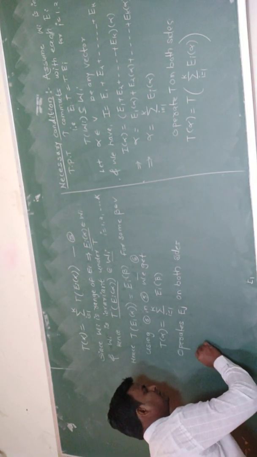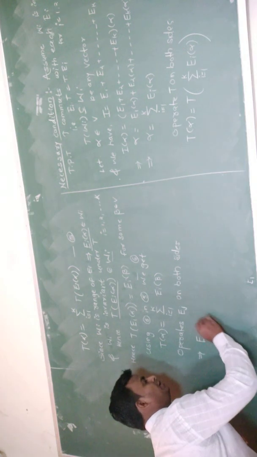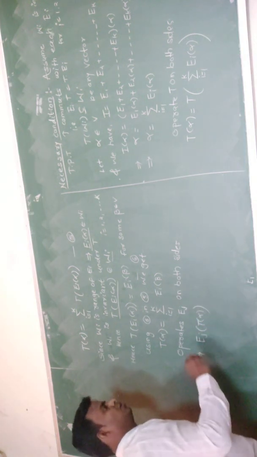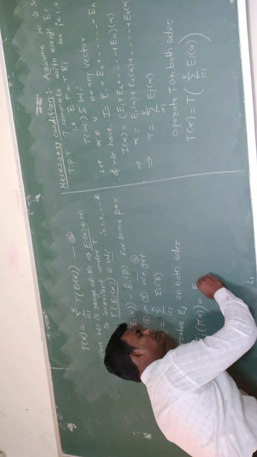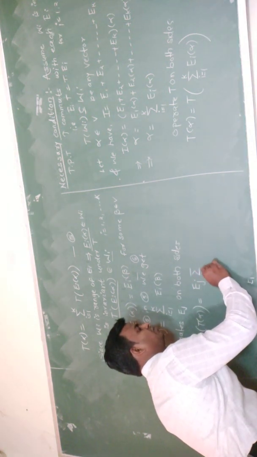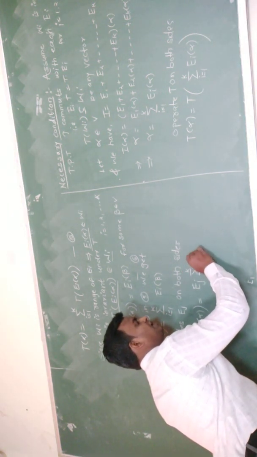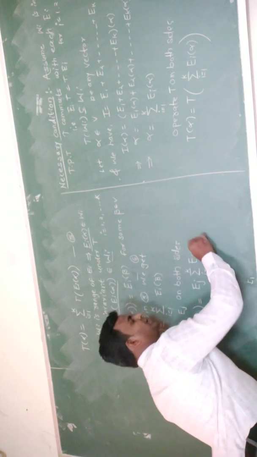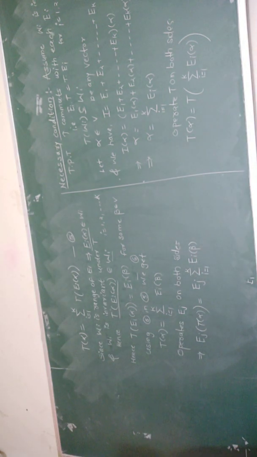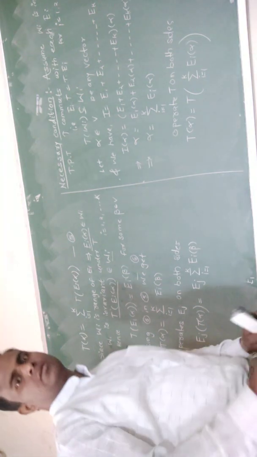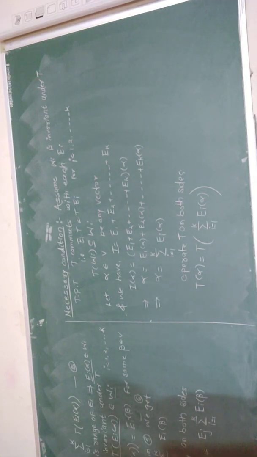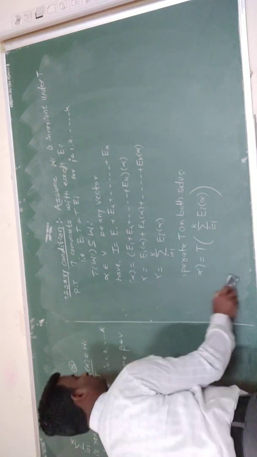So it implies E_j into T of alpha is equal to E_j into summation i equal to 1 to k of E_i of beta. So E_j of T of alpha is equal to E_j of summation i equal to 1 to k of E_i of beta.